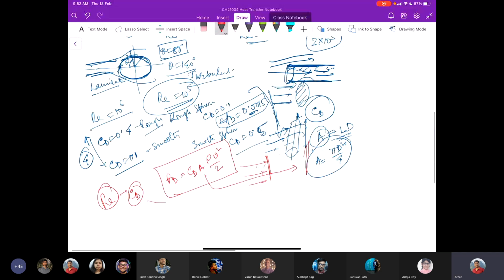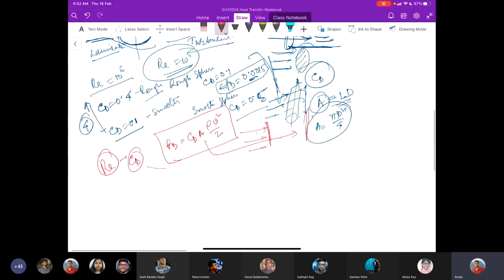Similarly, once this is done, we are doing this in parallel. If you have observed, we are talking about CD, and at the same time we are now looking at the Nusselt number.